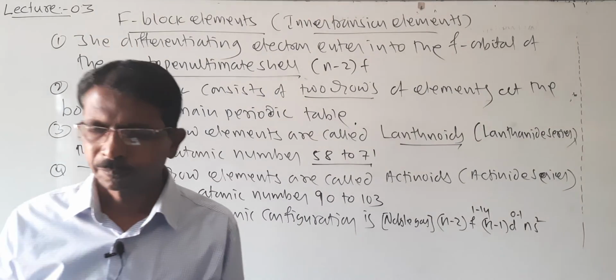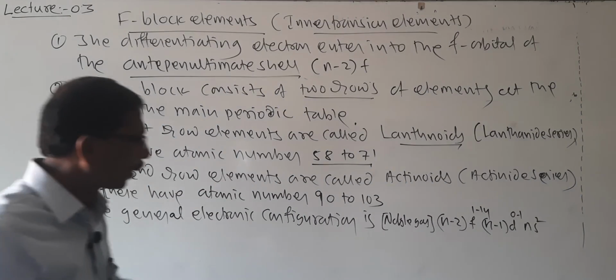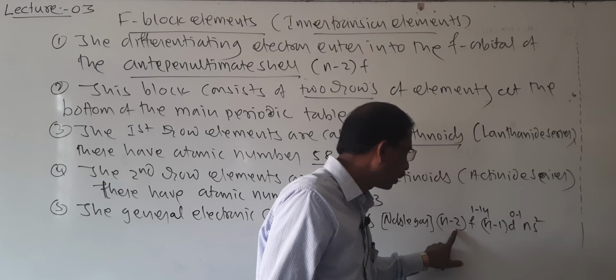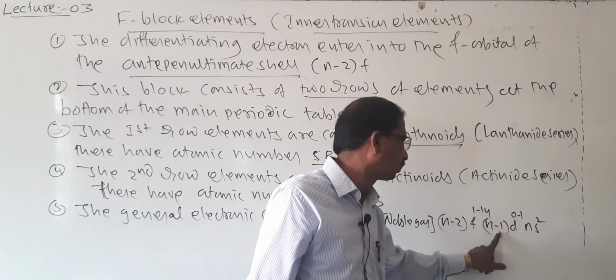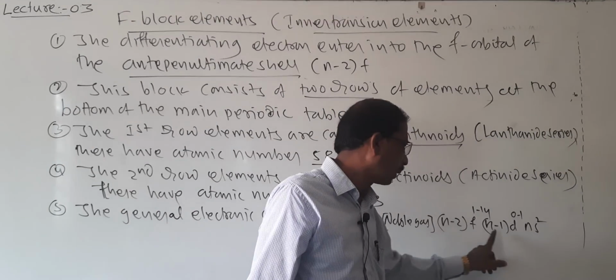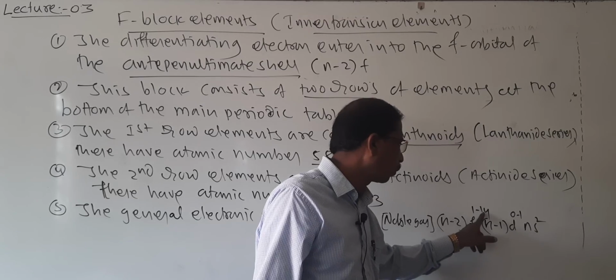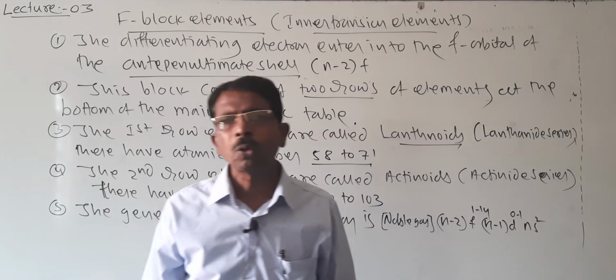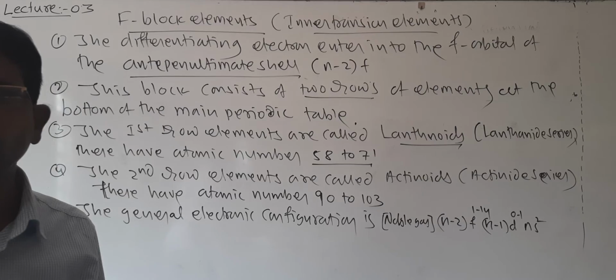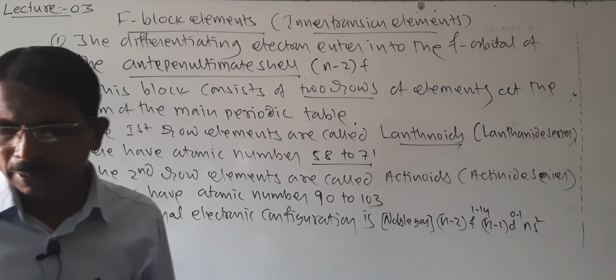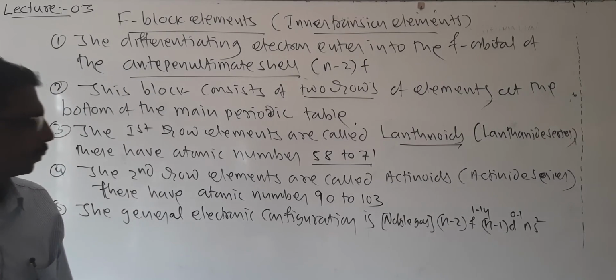Look here. So it is anti-penultimate shell, and this is penultimate shell. N minus 2, 2 less; n minus 1, 1 less. It is f 1 to 14 and d 0 to 1. It is ns2.